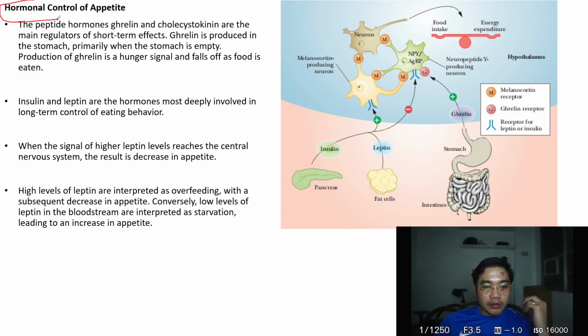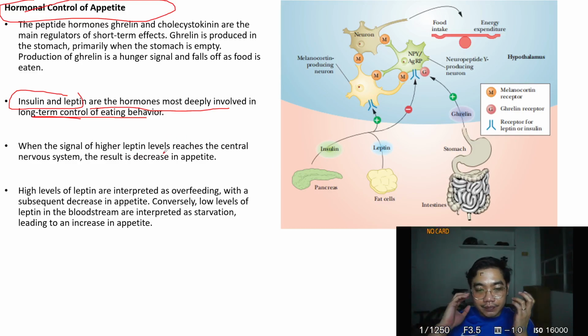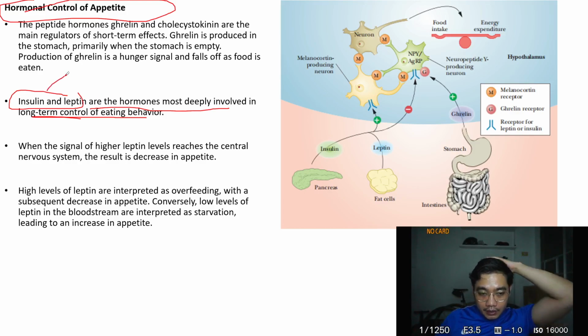So next is your hormonal control of appetite. Insulin and leptin are hormones that are deeply involved in long-term eating behavior. So when you eat more and you're full, your body tends to remember that insulin is a hypoglycemic hormone.